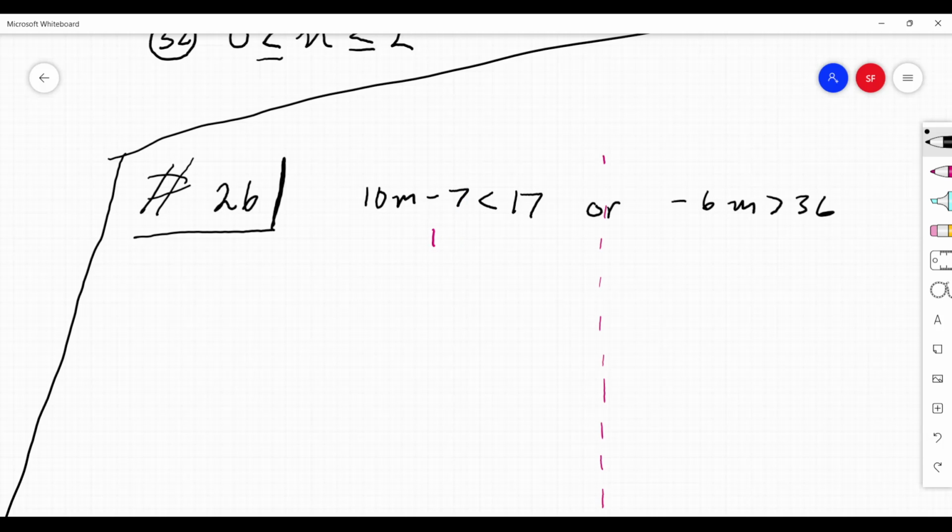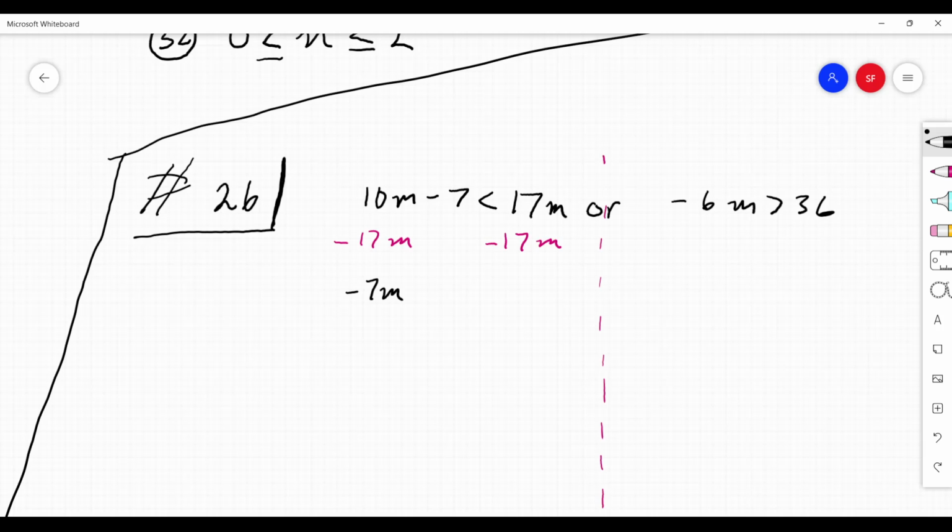Okay, so now that I wrote the problem right, what should we do? Still subtract 17m from both sides. -17m. So what happens? Then we get -7m.